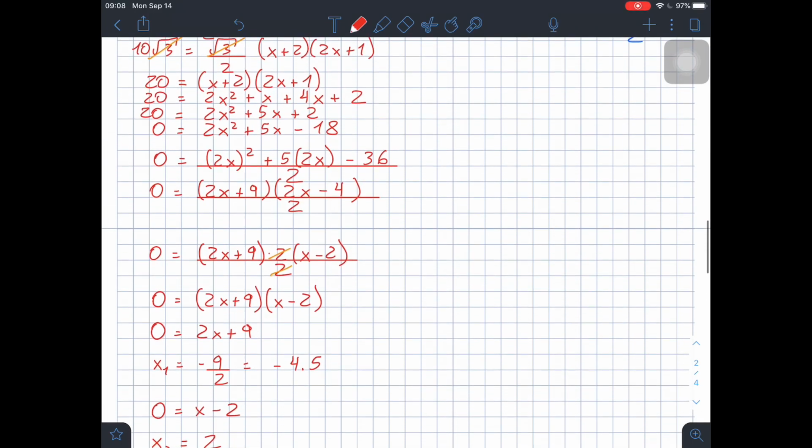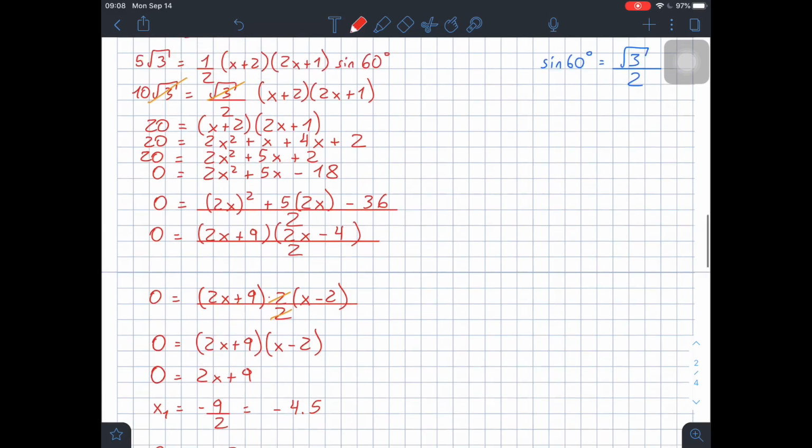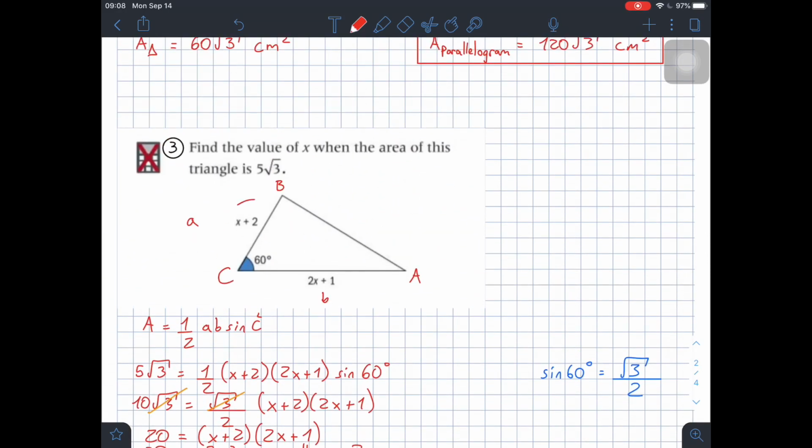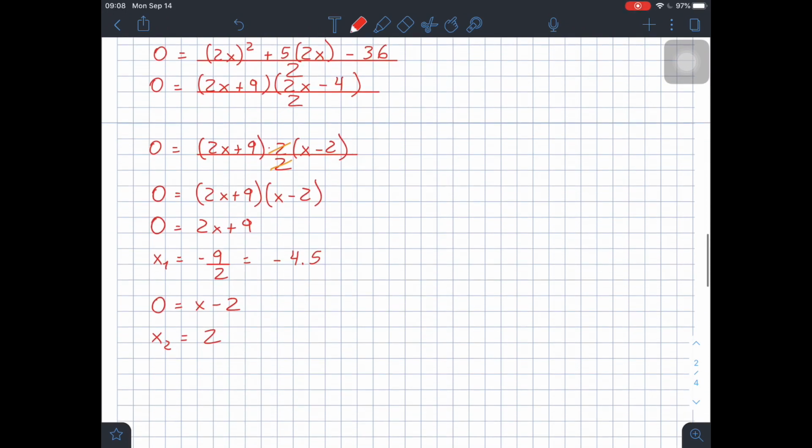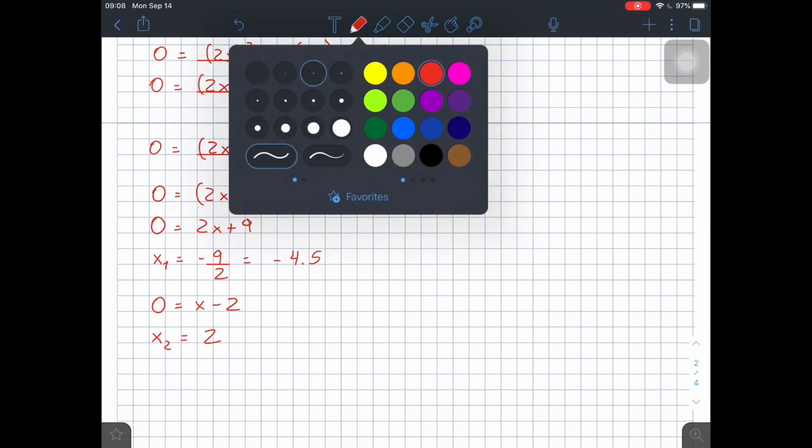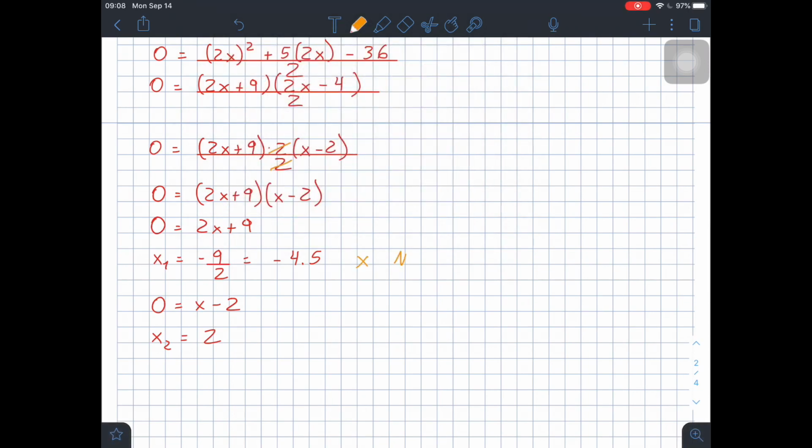So if you take a look at this graph, you would see that if x is negative 4.5, then this side over here would be negative 4.5 plus 2, which is negative 2.5. So this side would have a negative value. And as you know, we can never have a negative side for a triangle, right? So for that reason, this answer, right, orange, this answer is not valid.